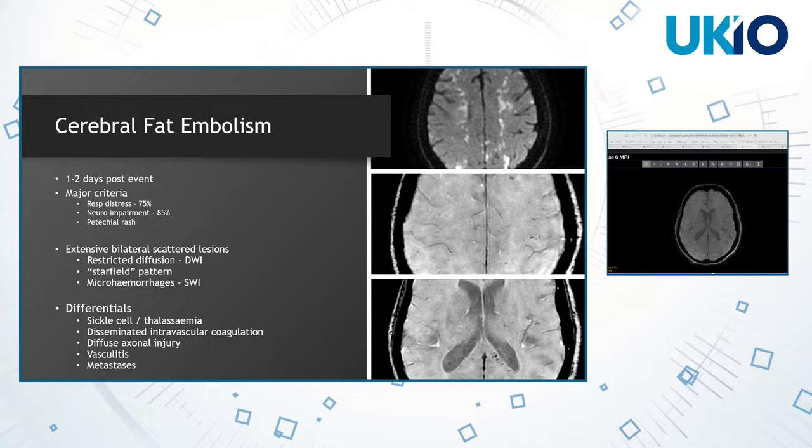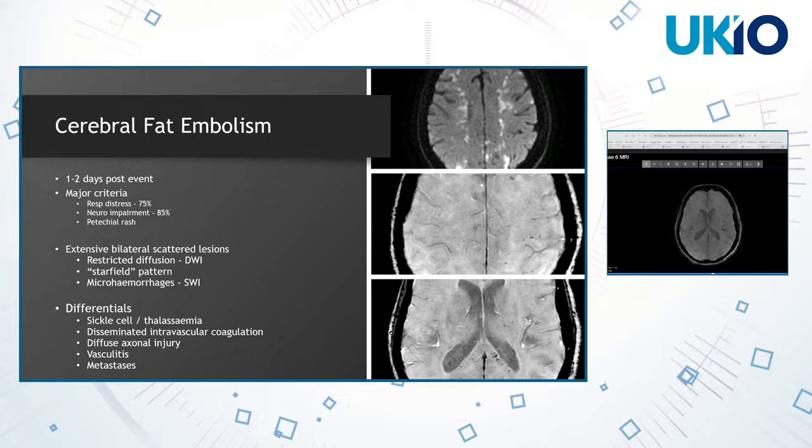There's a sort of classic triad, which is respiratory distress, so pulmonary changes, neurological impairment, and a petechial rash, particularly around the upper body. But on imaging, what we tend to see is all these multiple foci of restricted diffusion, sometimes called a starry night pattern or a starfield pattern or starry sky.